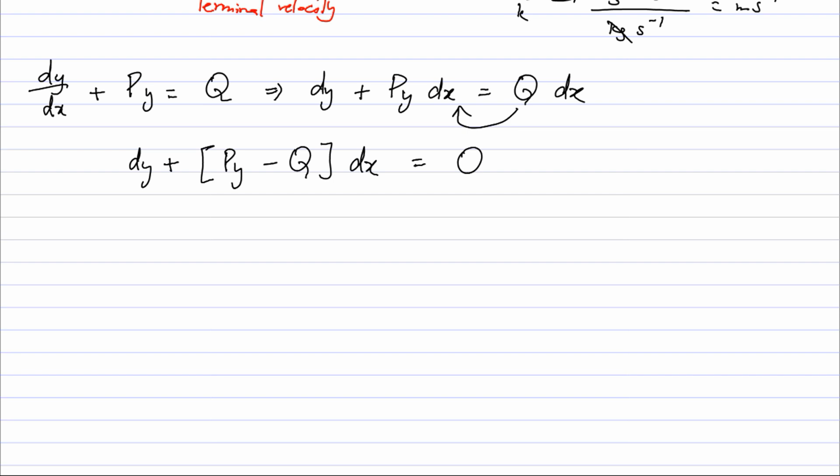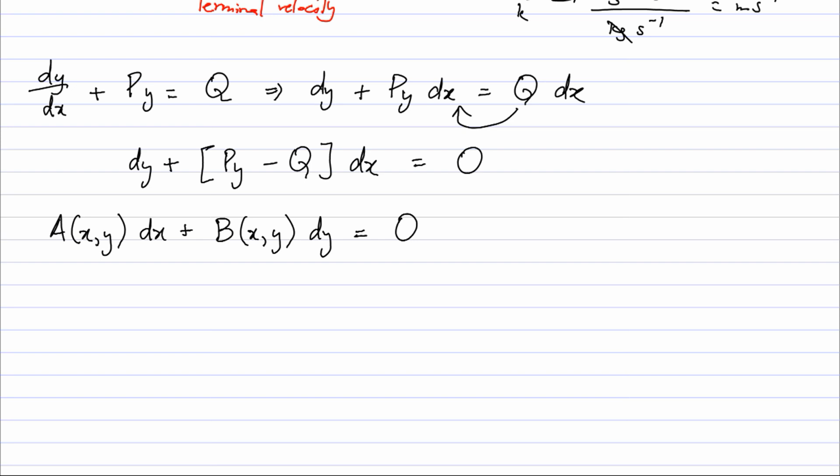So that's what I have. Now, in general, any first order differential equation you can write in the form that you have some function of x and y multiplied by dx plus some function of x and y multiplied by dy, and this is equal to 0.